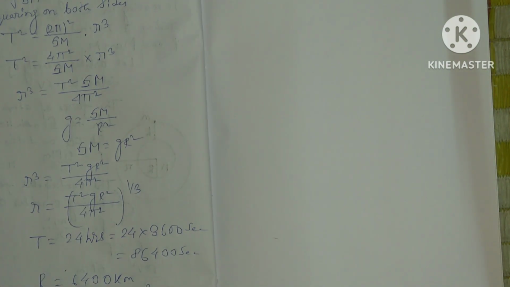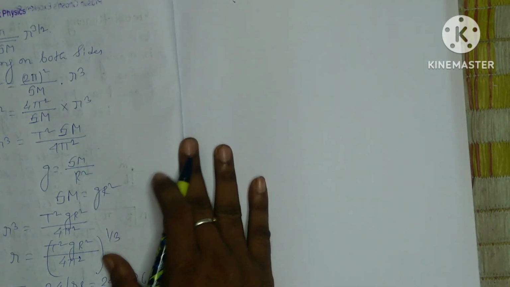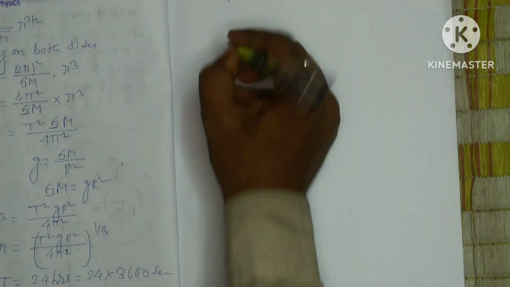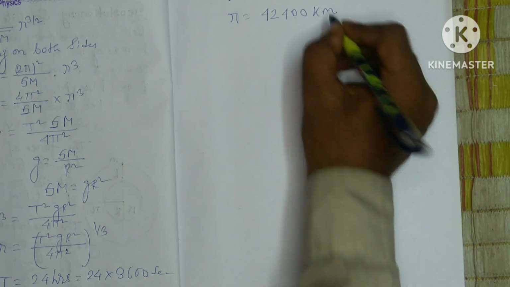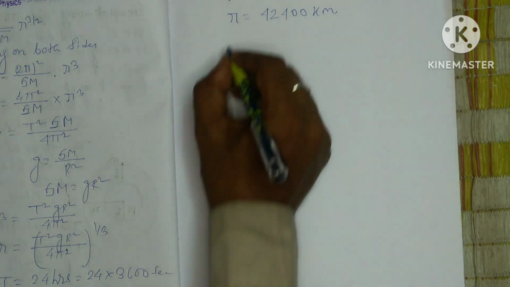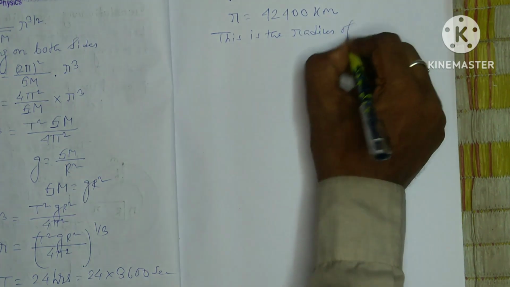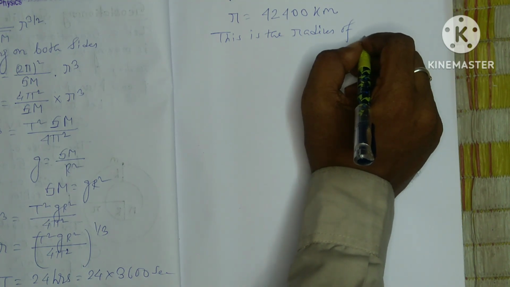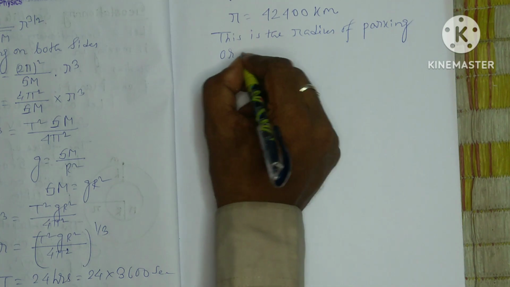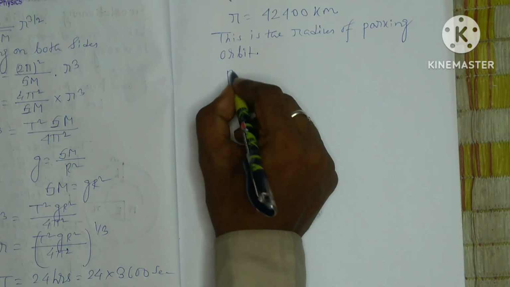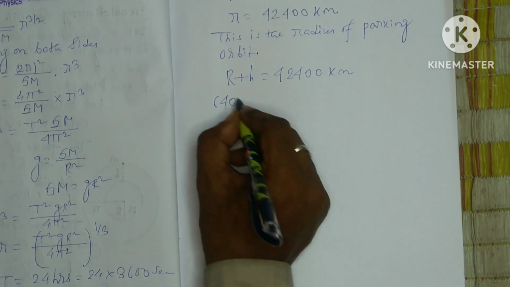So r equal to 42400 km. This is the radius of the parking orbit. This is R plus h, where R is given.